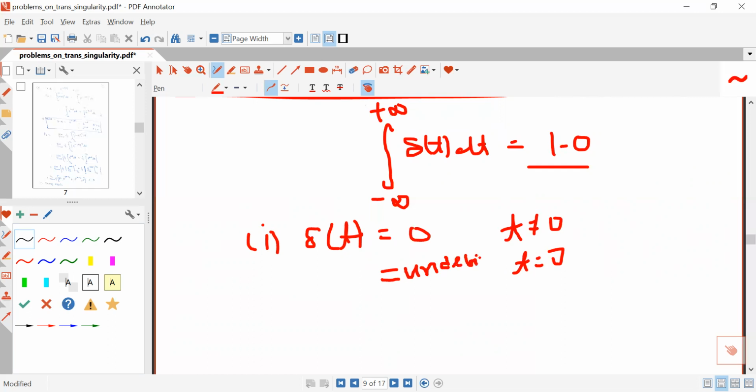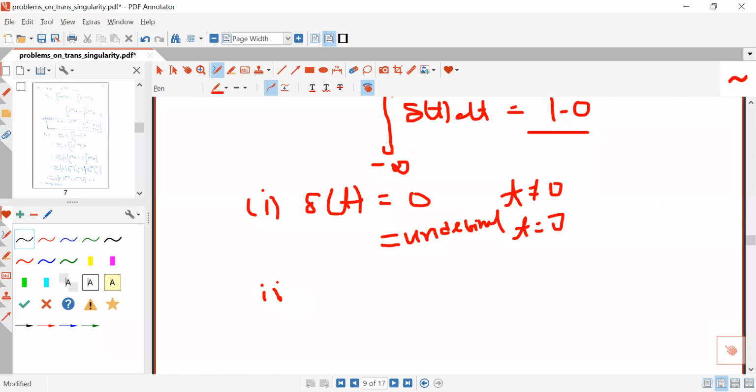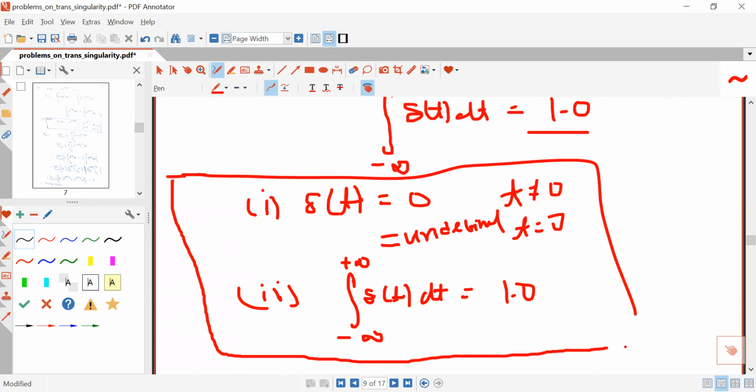And the second, the area under the unit impulse signal, this integration, will be equal to 1.0. So these two are the mathematical expressions for representing the unit impulse signal.